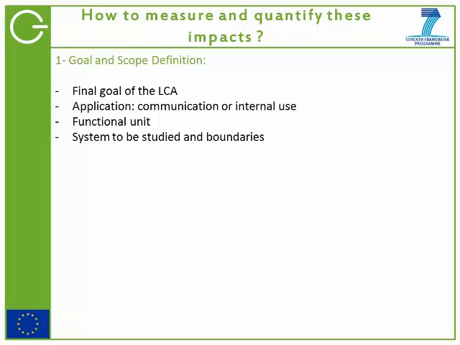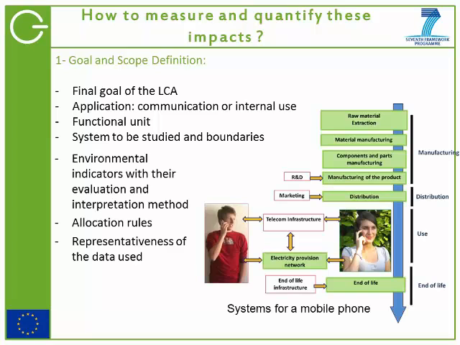The next stage is to define the system under study. It should include all the elements that contribute to the functional unit for your product. For example, in the case of a mobile phone, you should consider all the systems that are used to undertake the following activities: extraction of raw materials, manufacture of materials, components, parts, and the product itself, distribution, the telecom and electricity network used, and the end of life.